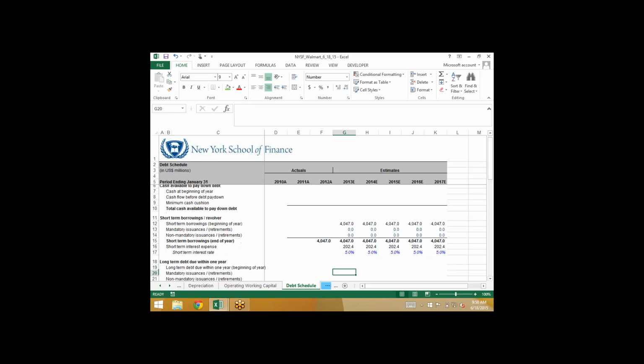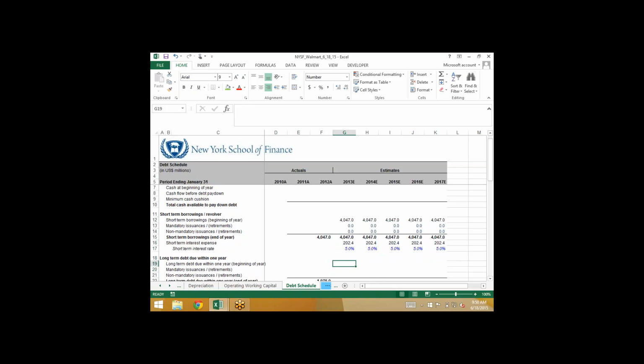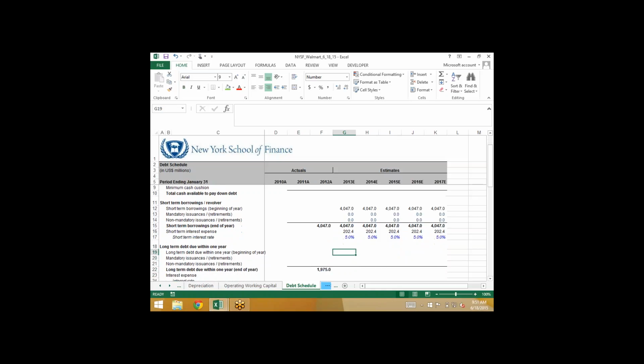Okay? We do the same thing for every piece of debt. You can actually just cut this and copy a debt. A lot of people say, oh, you have to make 5 pieces of debt. That's annoying. You can just cut this whole thing. The formula is the same, and copy it down 5 times and just change the names. But just so we get some practice, long-term debt at the beginning of the year equals long-term debt at the end of the year from the year before.